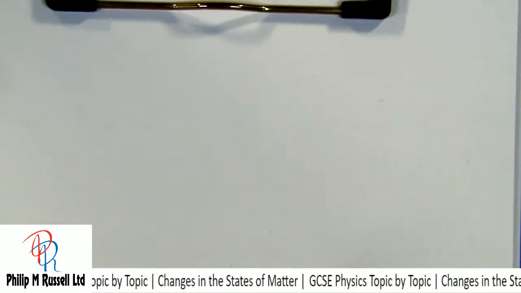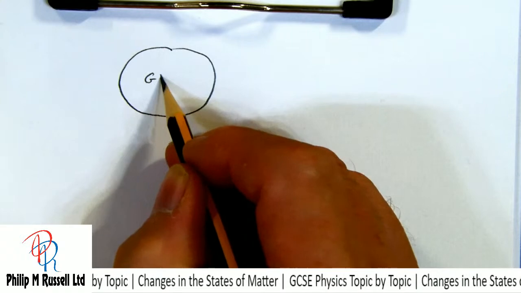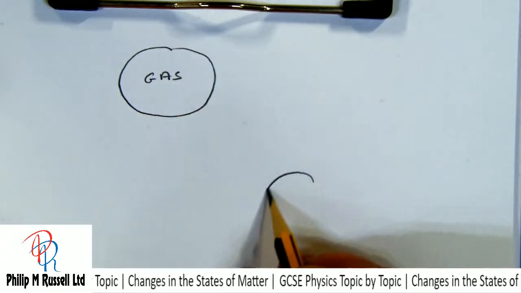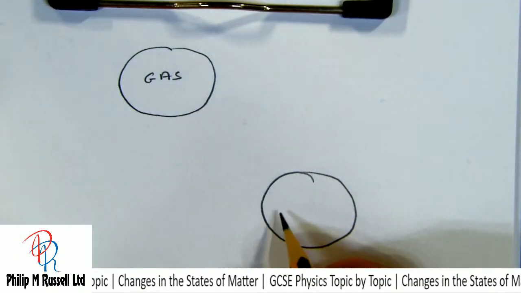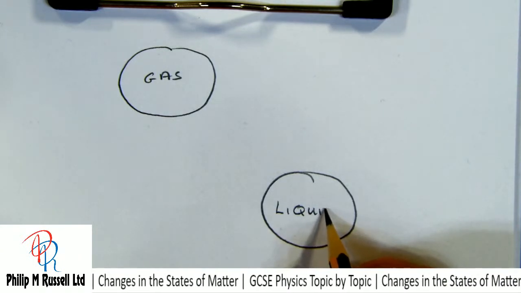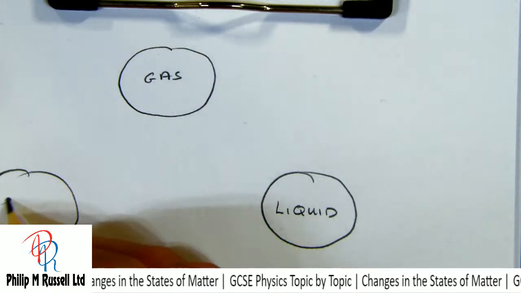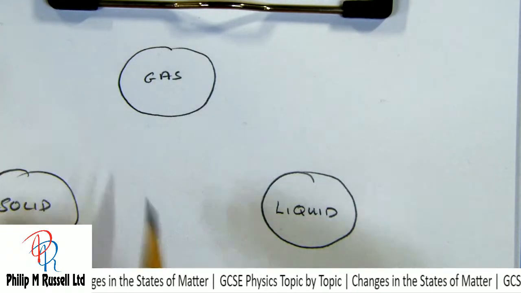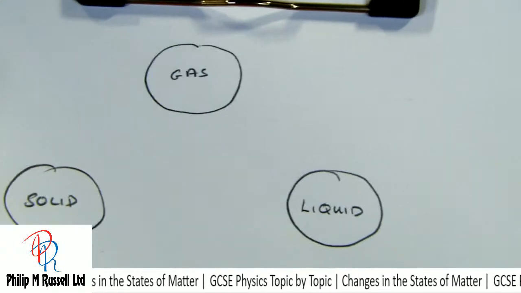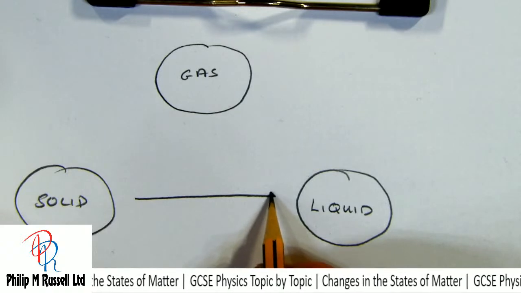We start off then with a gas. We can have a liquid, and let's have a solid. And what we're going to do is change a solid to a liquid.